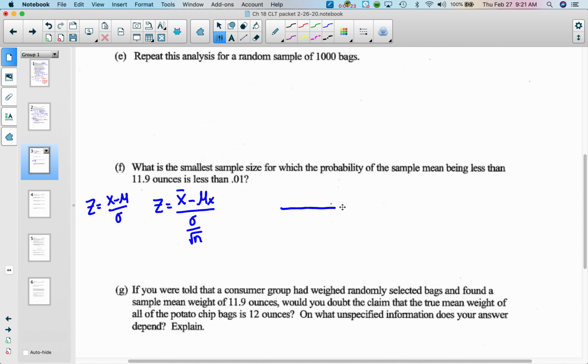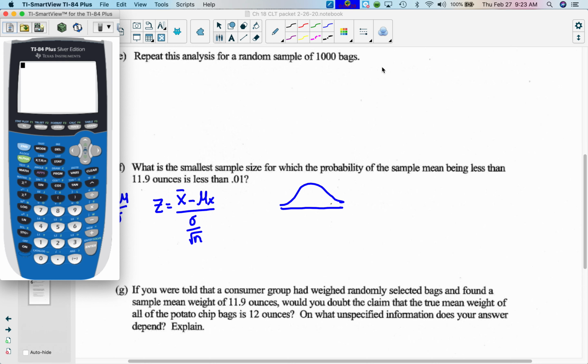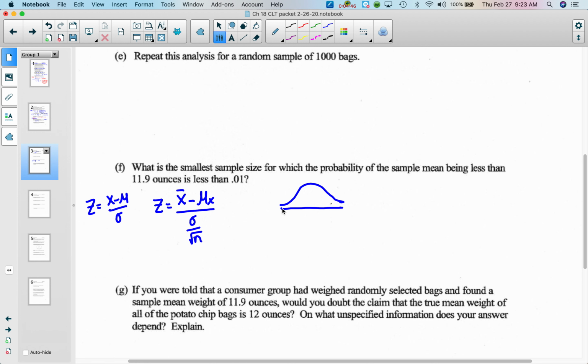So let me show you how to find that value. Okay, so in our normal model, when we don't know n, we can't necessarily mark off our normal model, but what I'm looking for is where is that z-score so that this area down here is 0.01.